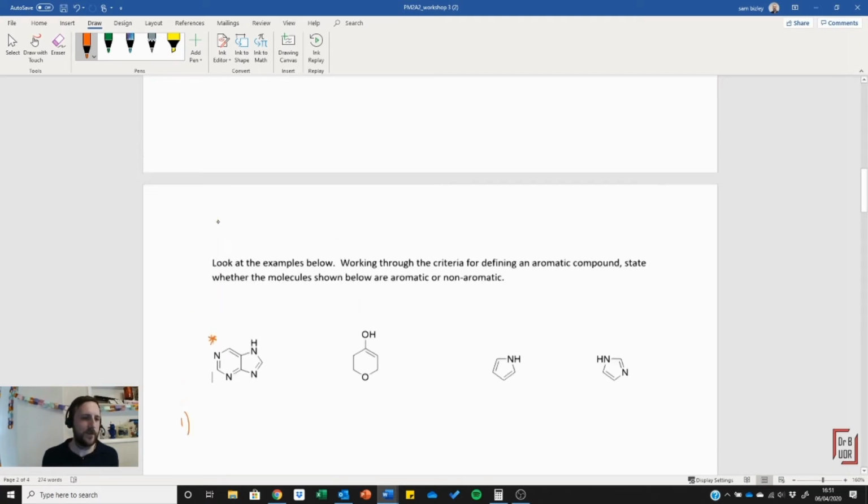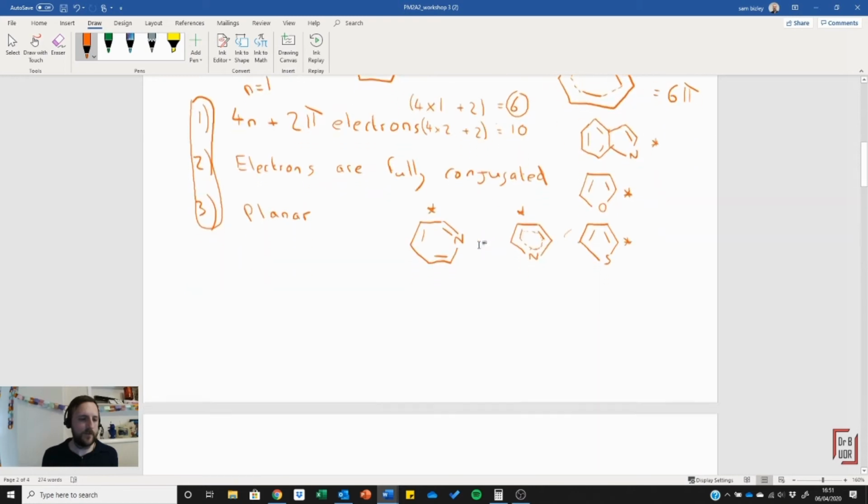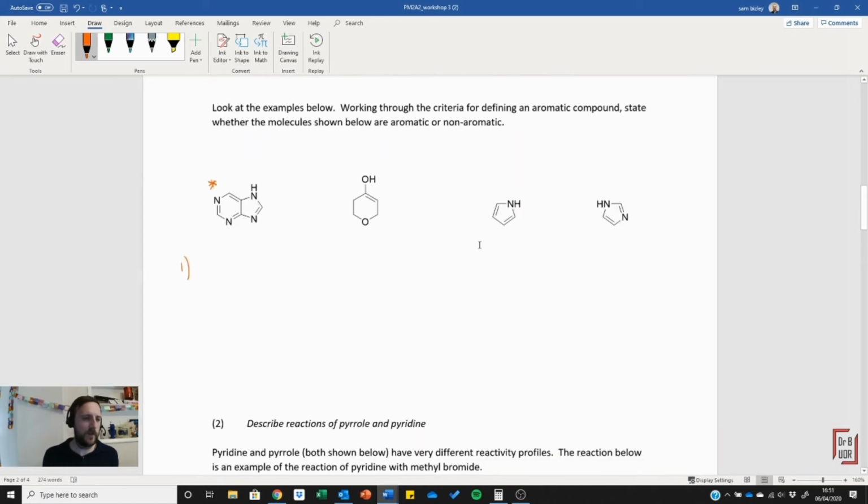Now if we go up to the top, you can remember if n is equal to 1, that means there's 6 electrons, and if n is equal to 2, it would give us 10 electrons. So we know that in reality our structure needs to have 6 or 10 pi electrons. Now just from counting the double bonds, we have 8.